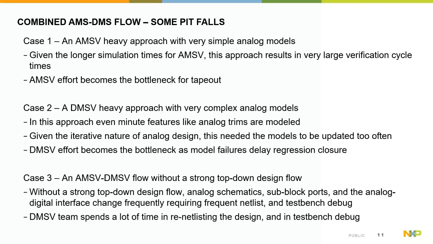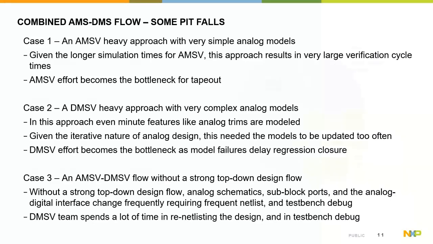The other approach is a DMSV heavy approach with very complex analog models. In that case, if even the very minute features are implemented in models, we will see a lot of model failures in our regression. And the other case is a lack of a strong top-down design flow.